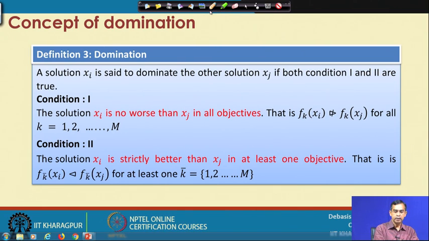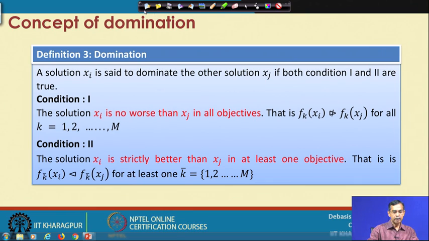Suppose two solutions xi and xj are there. We can say that xi dominates xj if they satisfy two conditions. Both conditions must be satisfied. In simple words, xi is a better solution than xj.